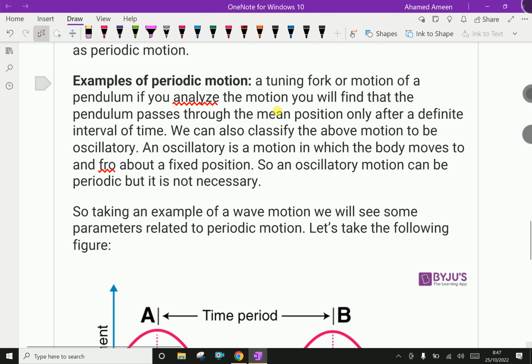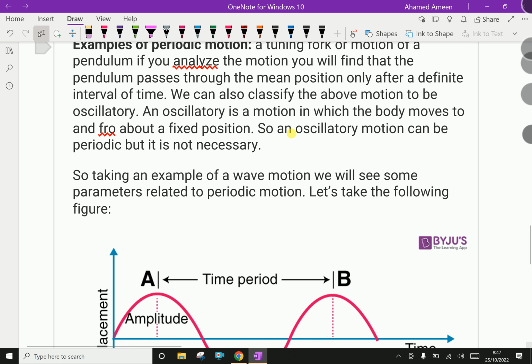If you analyze the motion, you will find that the pendulum passes through the mean position only after a definite interval of time. That means each oscillation takes the same time. We can also classify the above motion as oscillatory. An oscillatory motion is a motion in which the body moves to and fro about a fixed position. So an oscillatory motion can be periodic, but it is not necessarily always.